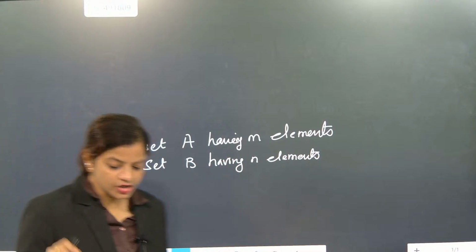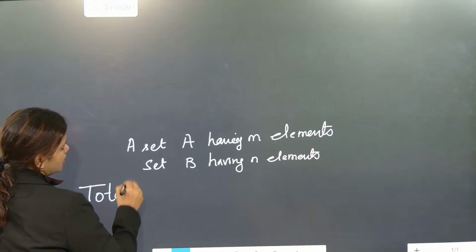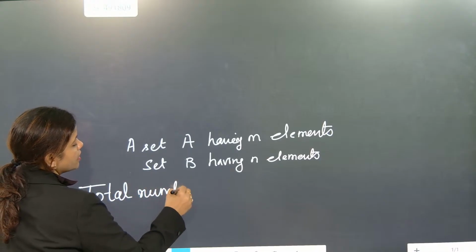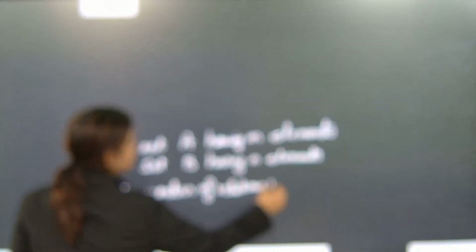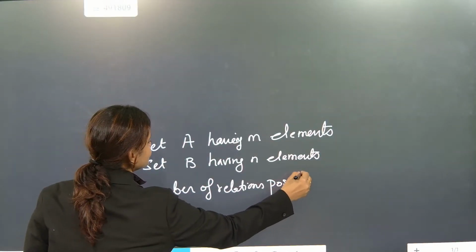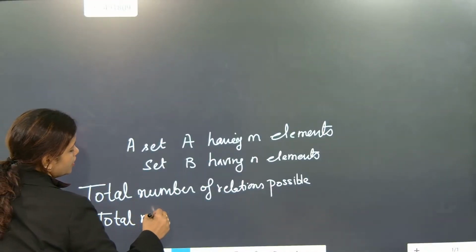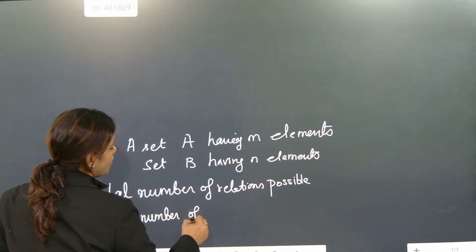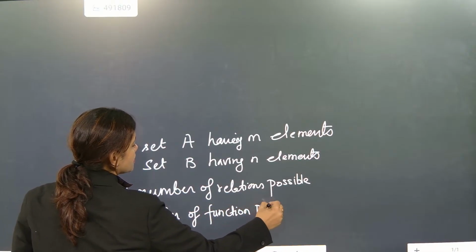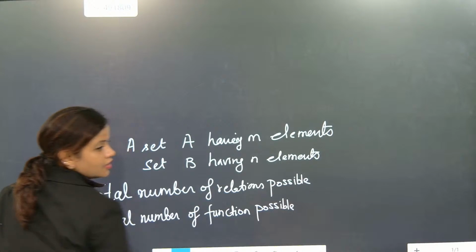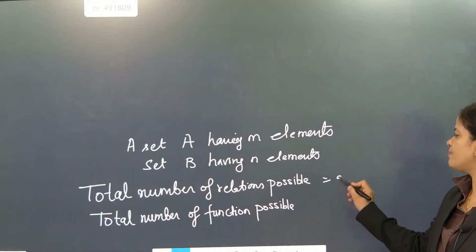Then how many functions are possible? The total number of relations possible is 2 to the power mn.